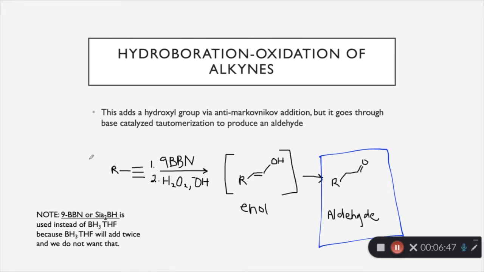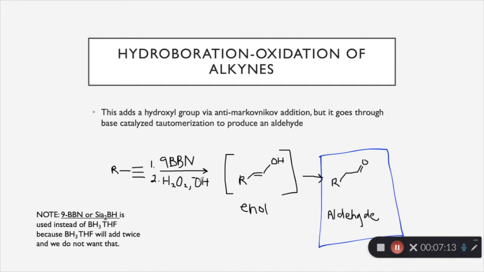Also notice that the reagent is different than the reagent we use for alkenes. We use either 9-BBN or disiamylborane. These are your two options. And then we use H2O2 and OH-. You'll see where the hydroxide ion comes in when we talk about the base-catalyzed tautomerization.